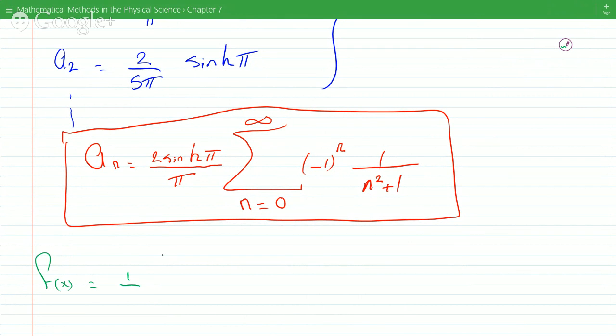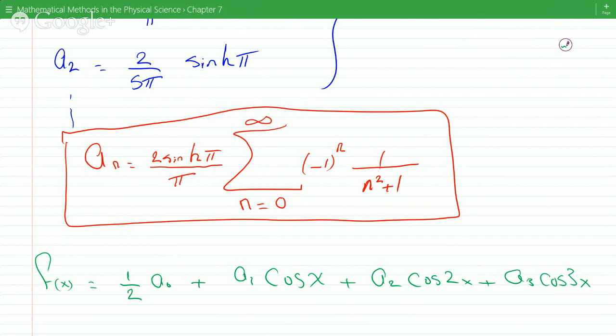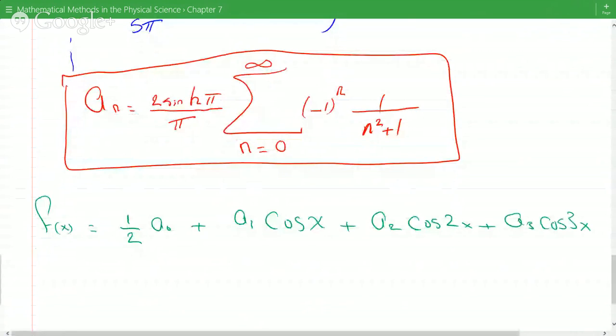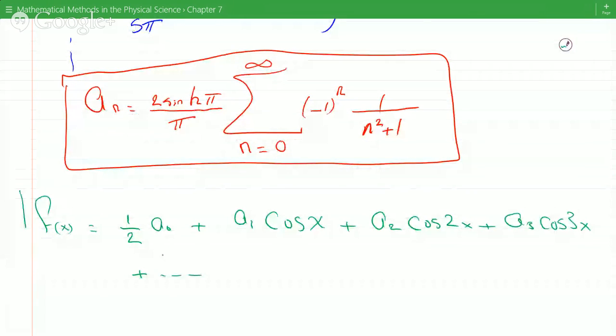So 1/2 a0 plus, all the bn's are 0, so we don't have to worry about this. a1 cosine x plus a2 cosine 2x, and those a's we can get from a of n, just like we did, plus a3 cosine 3x plus dot dot dot.